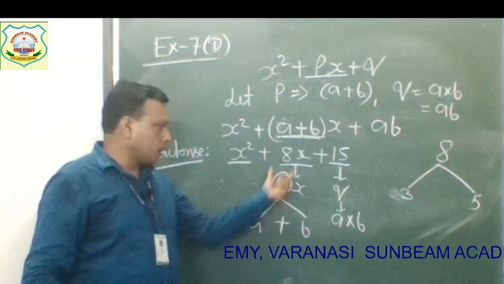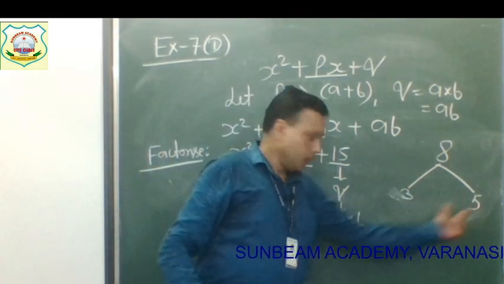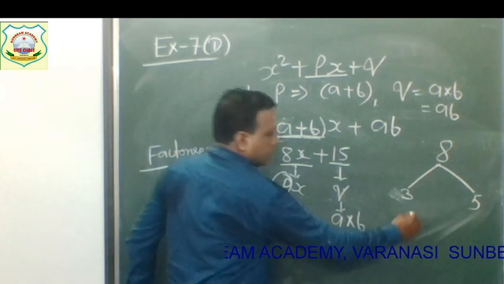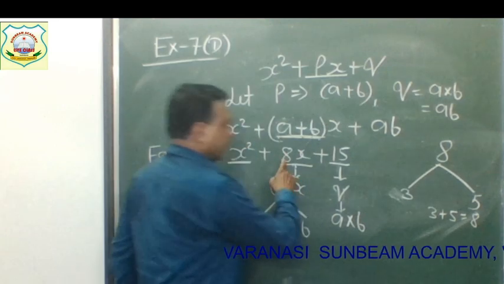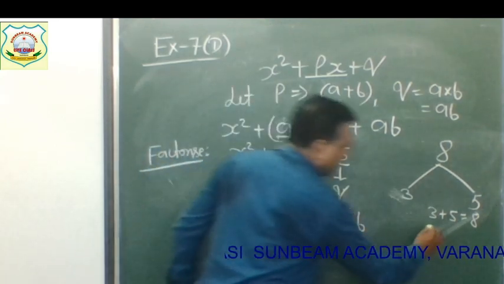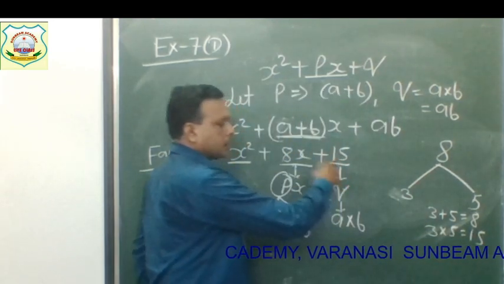So, what have we got? 8 we have split into 2 parts, 3 and 5. So, 3 plus 5, what will we get? 8. Now, we are getting 8, and 3 into 5, what will we get? 15. So, here we are getting the 15.